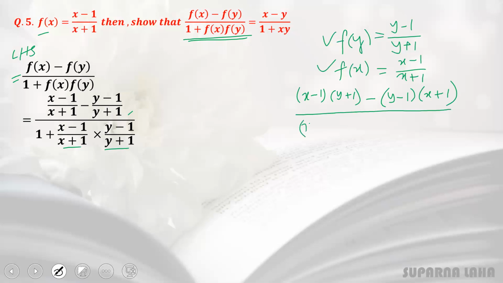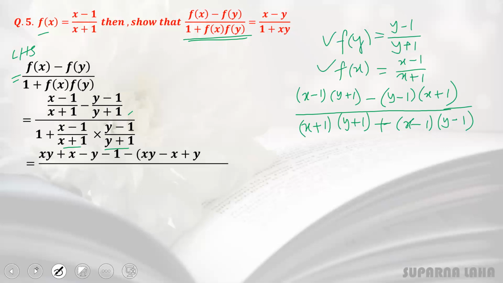Next, (x plus 1)(y plus 1) plus (x minus 1)(y minus 1). Now just multiply them and simplify it. If you multiply them, you will find xy plus x minus y minus 1, minus, multiplying these two terms, xy minus x plus y minus 1.